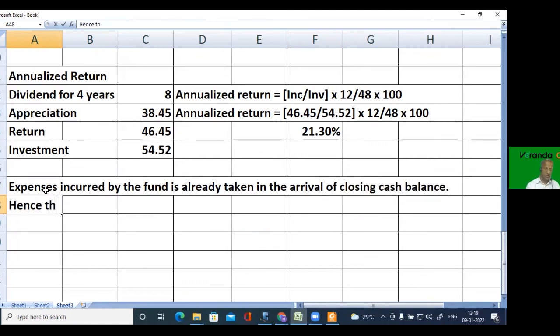Hence, the same is ignored for our computation.